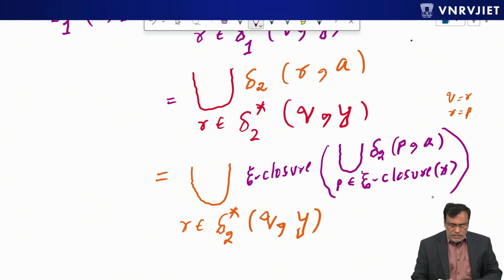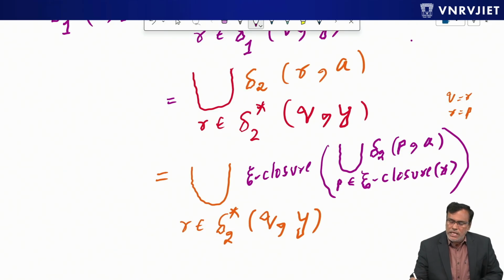And in converting that epsilon NFA to NFA, we have seen the epsilon closure operation has the property that the union of epsilon closures is epsilon closure of the union. Here you have union and then epsilon closure.